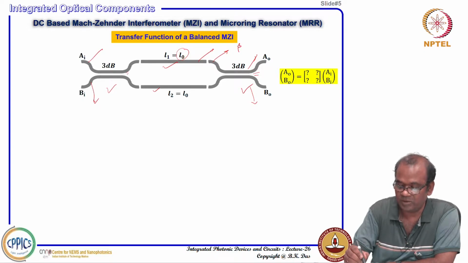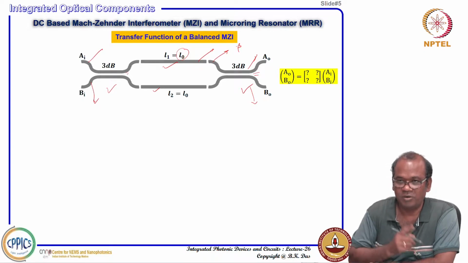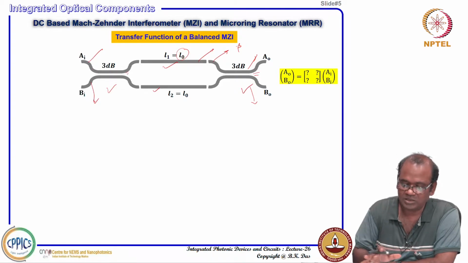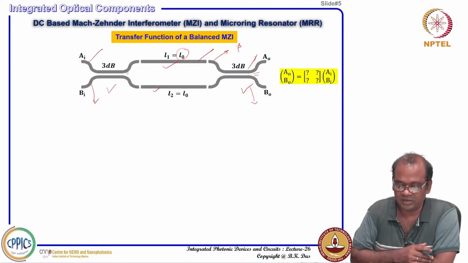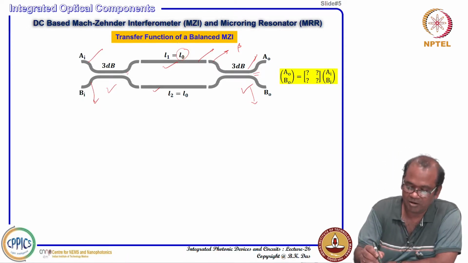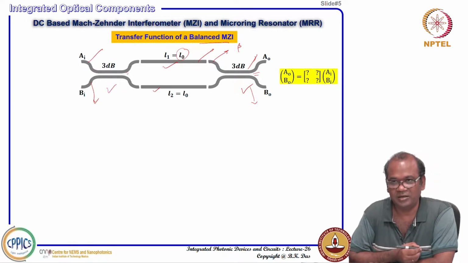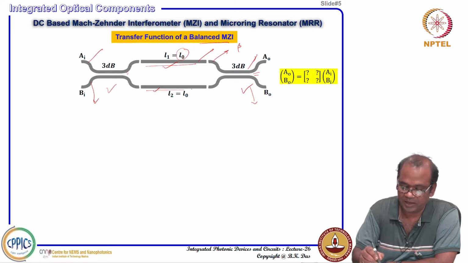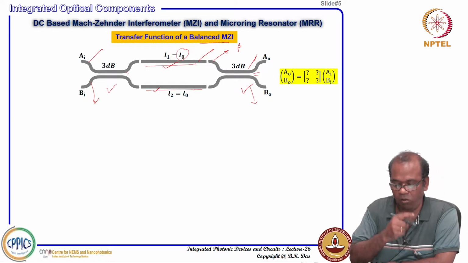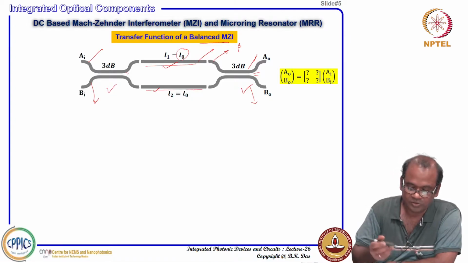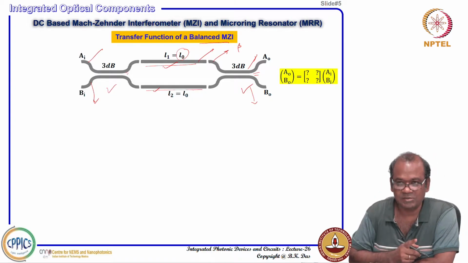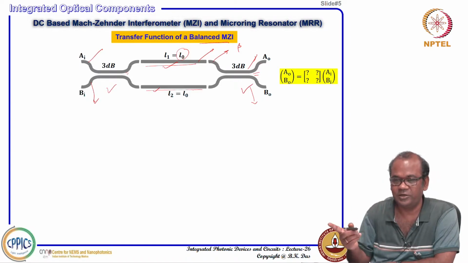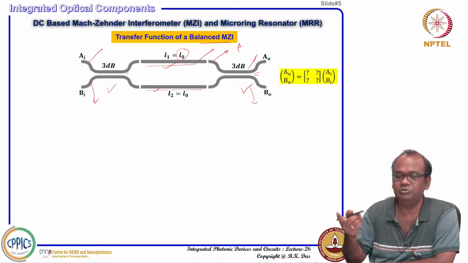You can assume that they support only the single fundamental mode, and their propagation constants are the same, beta, identical. If you can construct this type of structure, it is called a balanced Mach-Zehnder interferometer: a 3 dB power splitter, a 3 dB power splitter, and both arms connected here are like Mach-Zehnder interferometer arms. You can imagine that when we considered the Mach-Zehnder interferometer using Y junctions, there also we had one input, split it into two, and again combined using Y junctions.